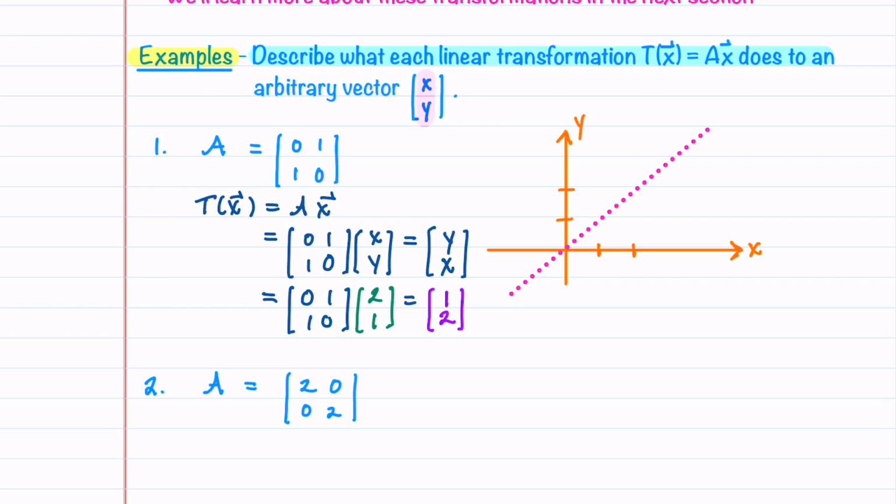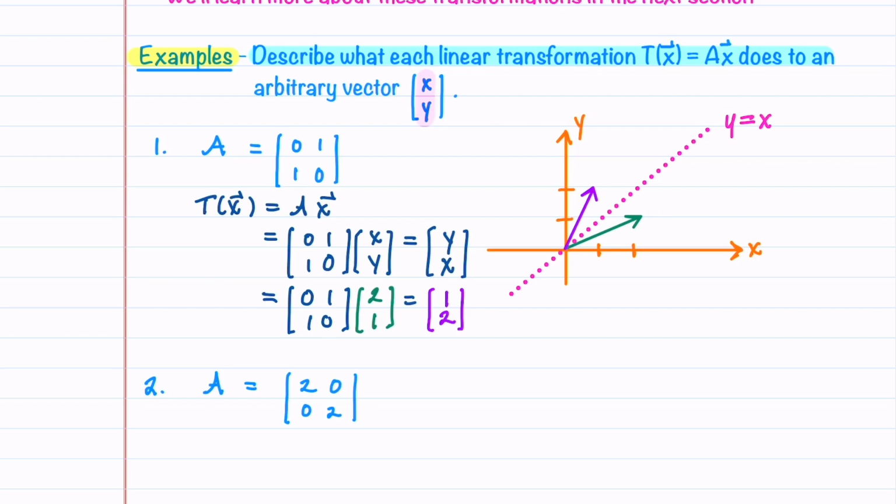Let's graph these vectors. Our vector x is 2, 1. And then our transformation is vector 1, 2. Looking at our graph, we can see that our transformation reflects our green vector over the line y is equal to x and becomes our purple vector.